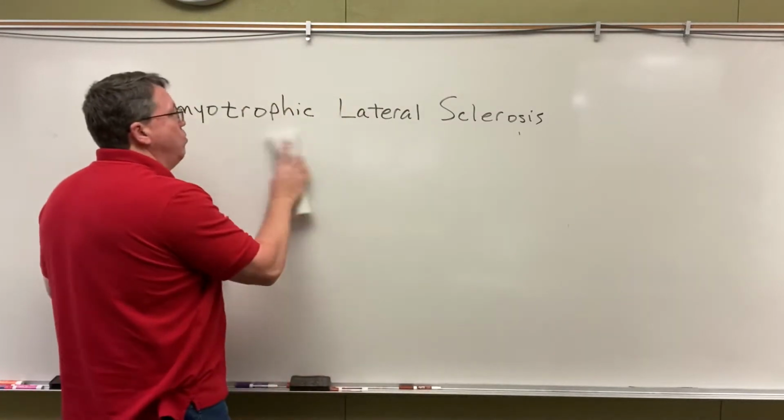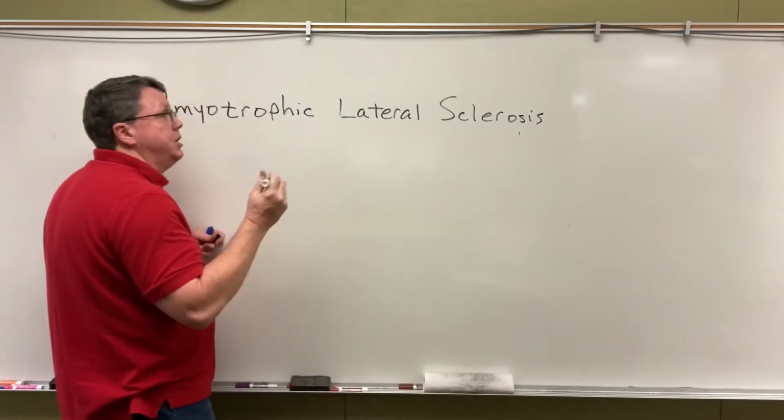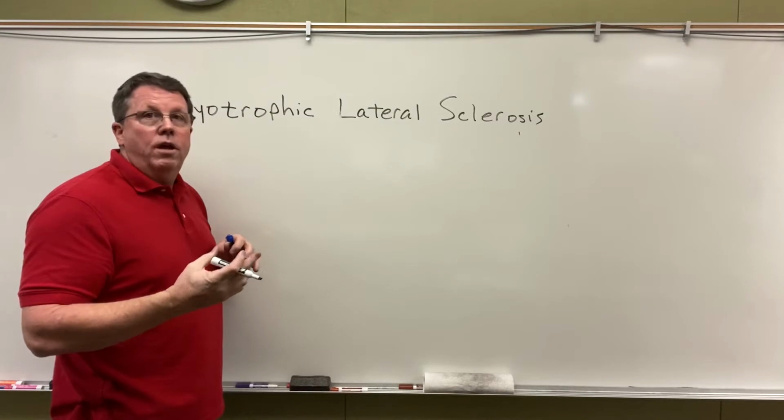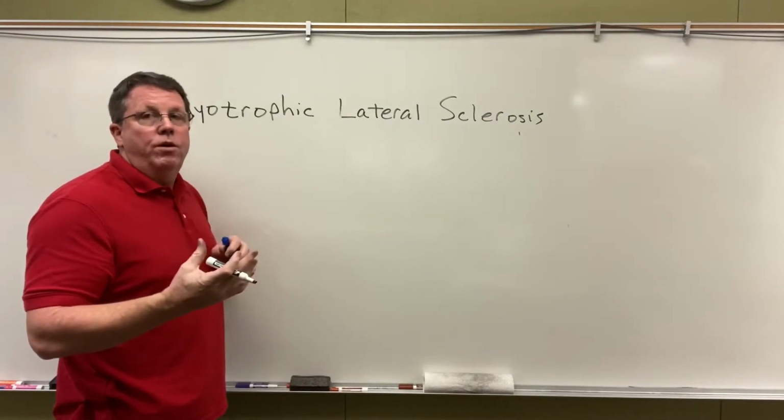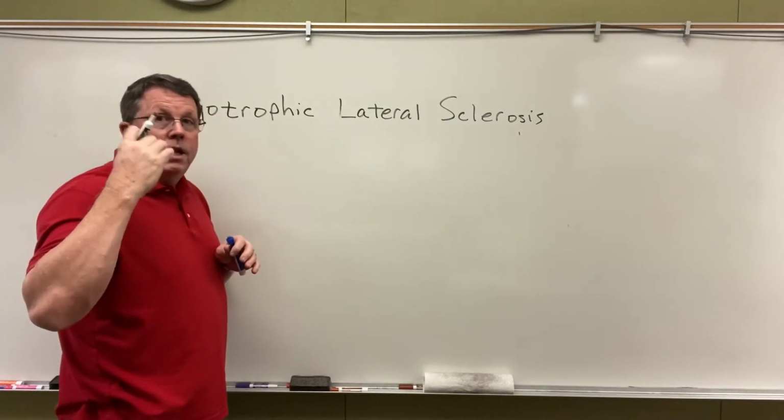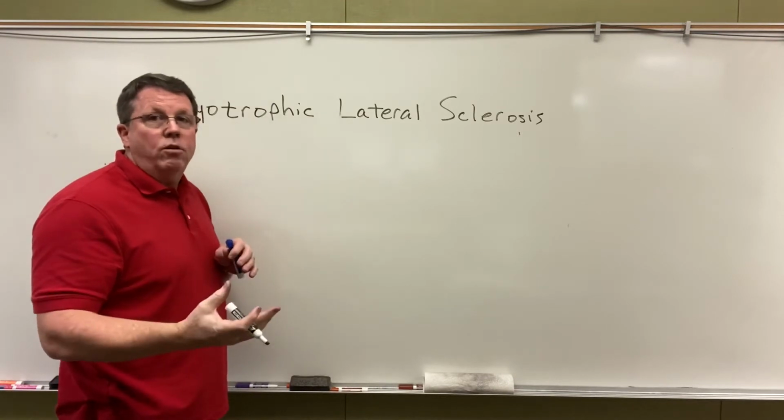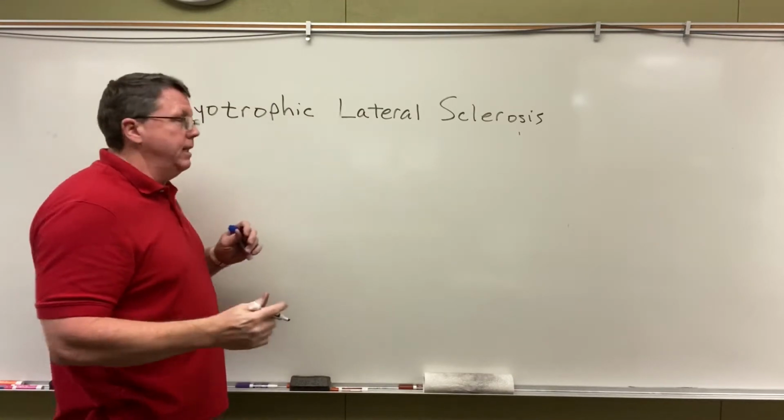So basically what this is, it's a condition in which the nerves of the upper motor neurons, which are in the brain, and the lower motor neurons, which are in the spinal cord, start to degenerate and die.